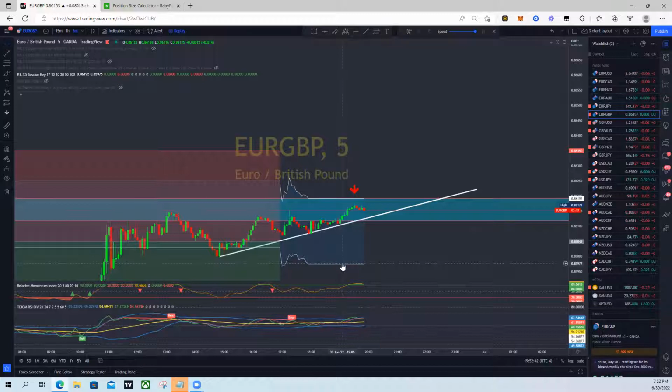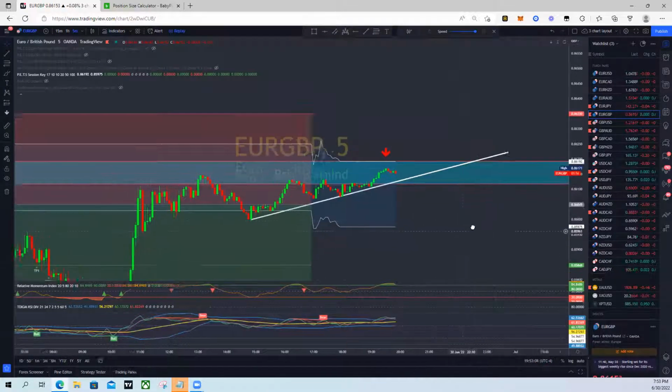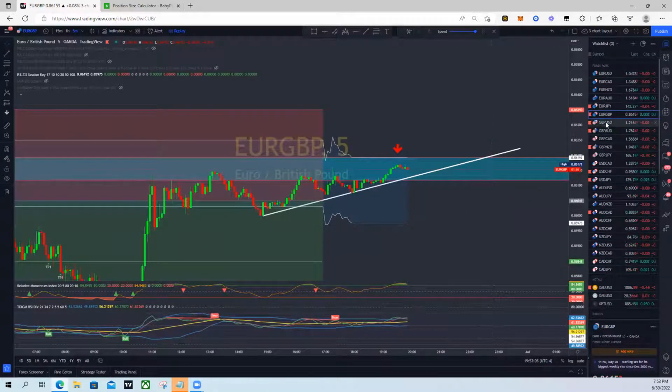So you're doing $20 a pip. And if yours is $20 a pip and you get the same amount of pips as I do, you don't win nearly as much as Trader A, because Trader A had a higher lot size, because they had a smaller stop loss. So in some cases, you just got to find the best trade options.